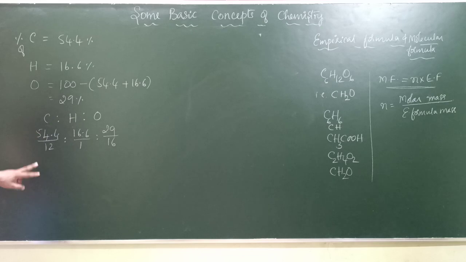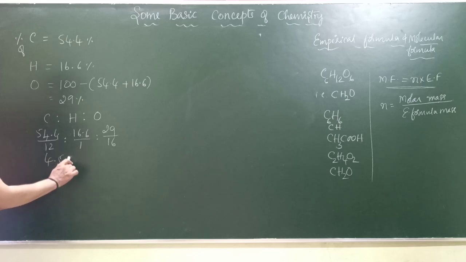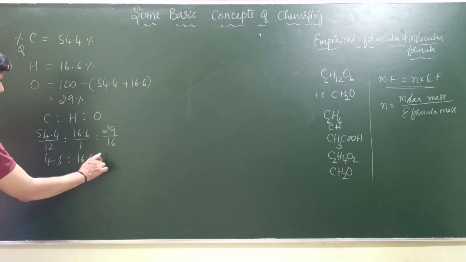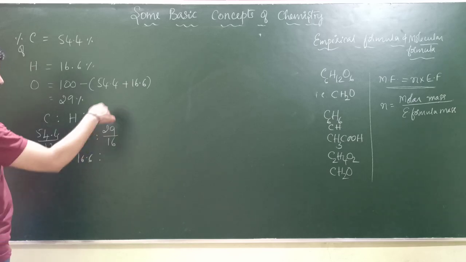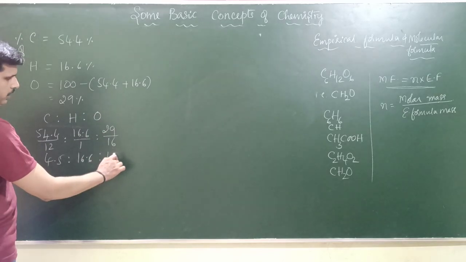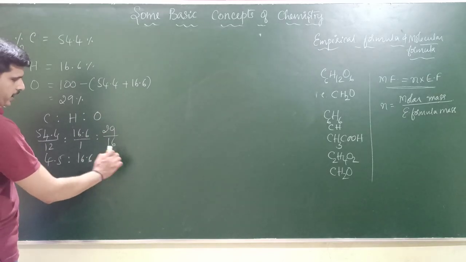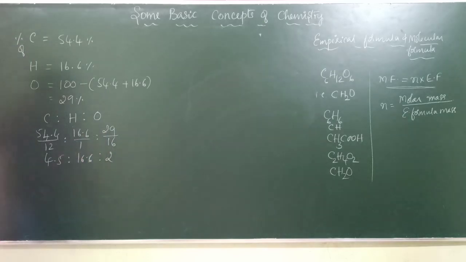So find out the ratio of this. 54 by 12, 12 4s are 48, so 4.5, isn't it? Is to 16.6, is to, how much is it? 16 2s are 32, so approximately 1.8, 1.7 or 1.8. Let me take it as 2 approximately.